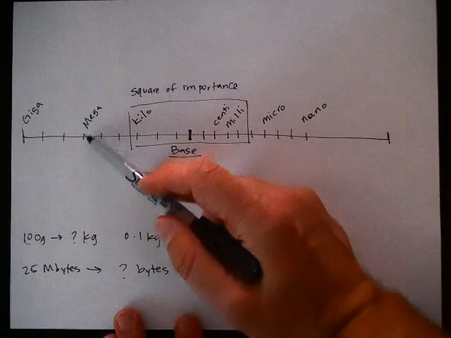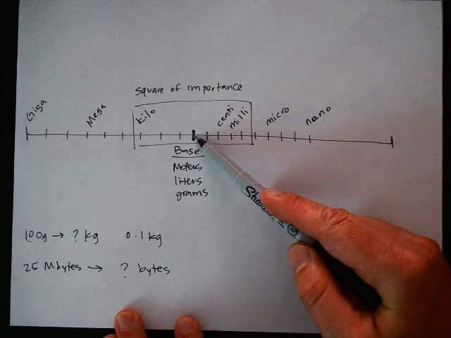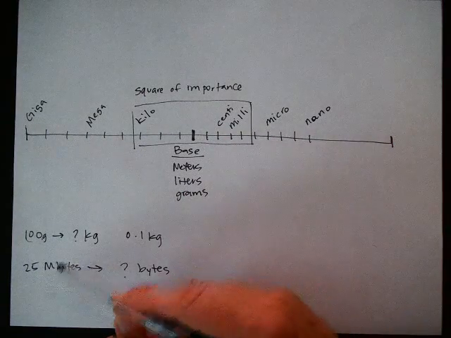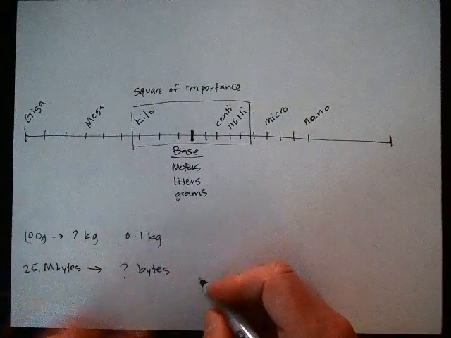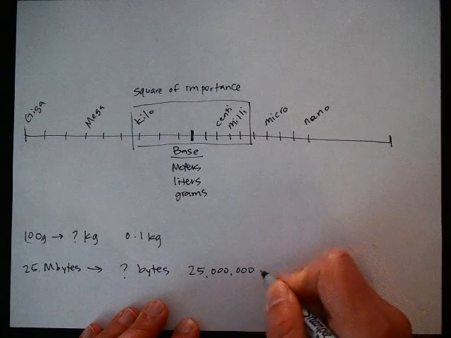Well, I'm at mega right now, and I just go 1, 2, 3, 4, 5, 6 spots to the left, or sorry, to the right. So take my decimal point, which is right here, and go 6 spots to the right, which would be 25 million bytes.